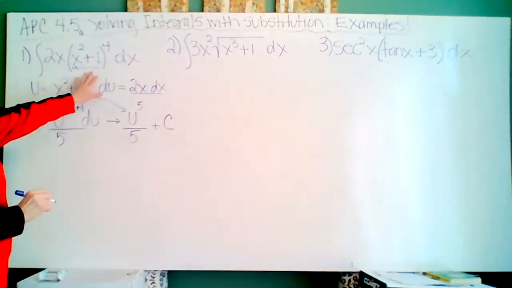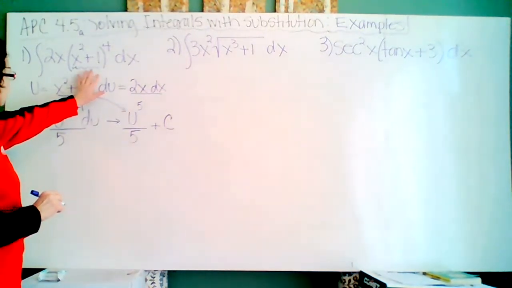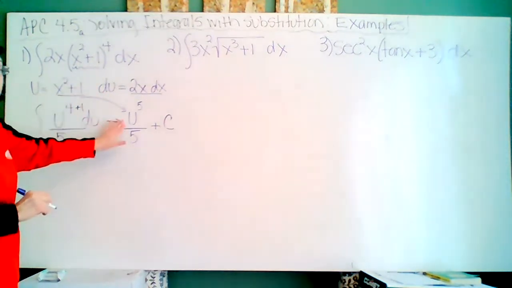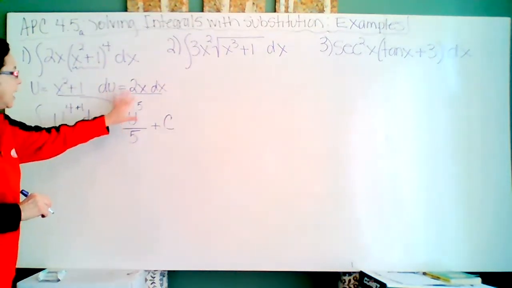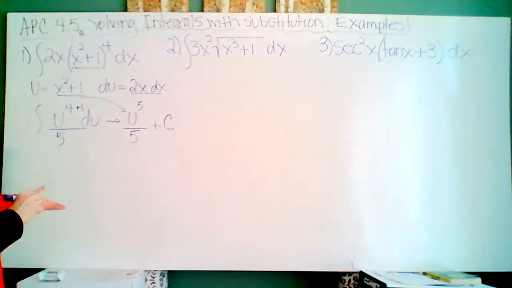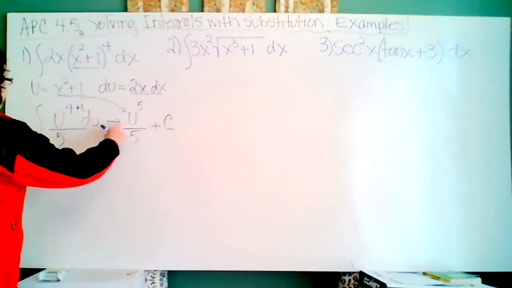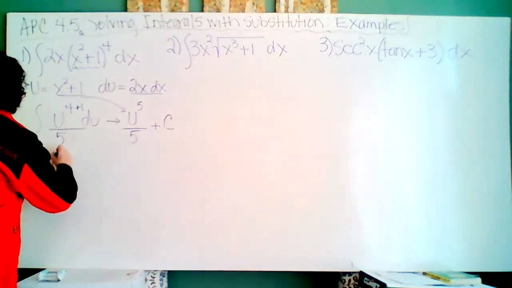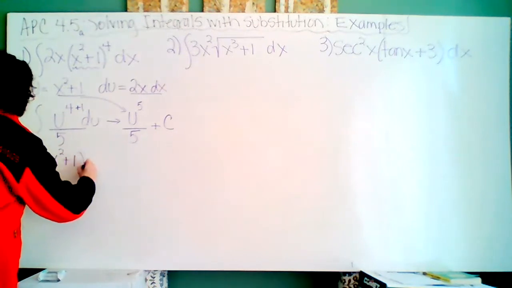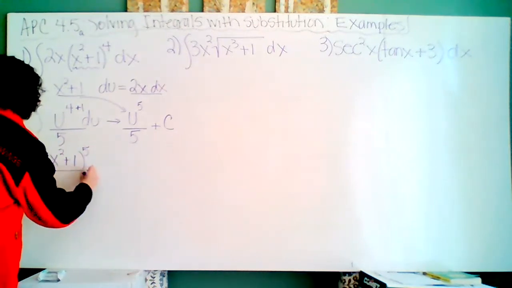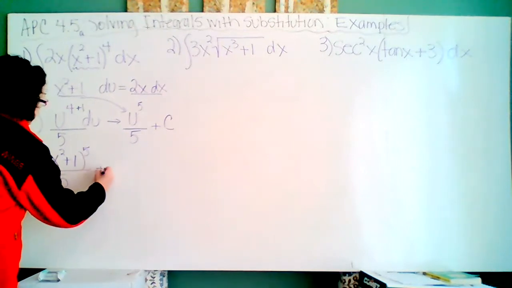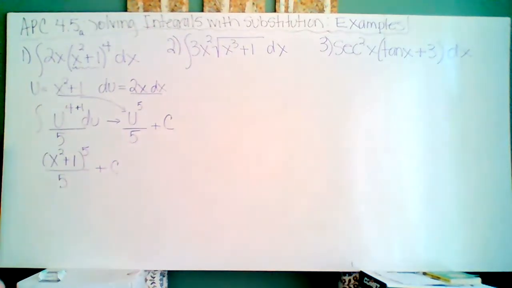They started off with an x expression for my integrand, and that is what they want from me in my final answer. So I will replace u with (x squared plus 1) to the 5th over 5, or times 1/5, plus c. And here is my final answer.